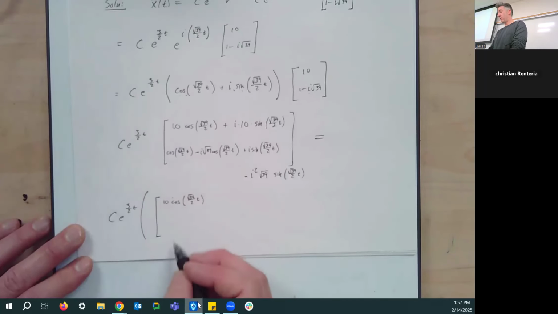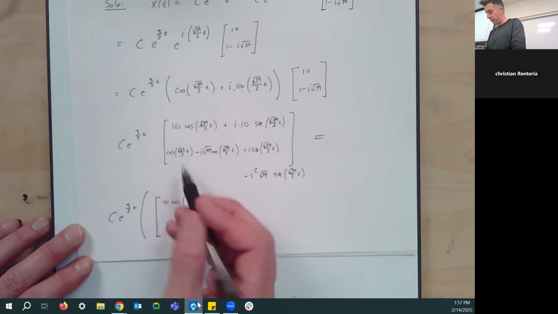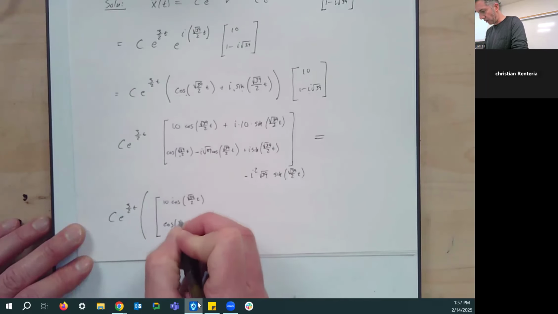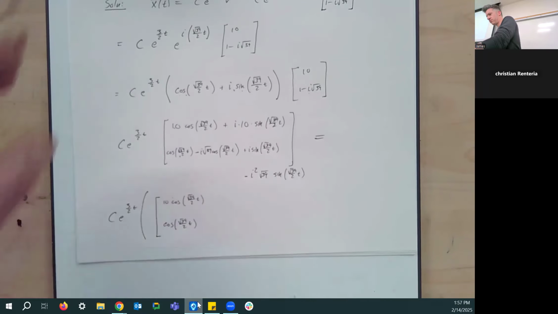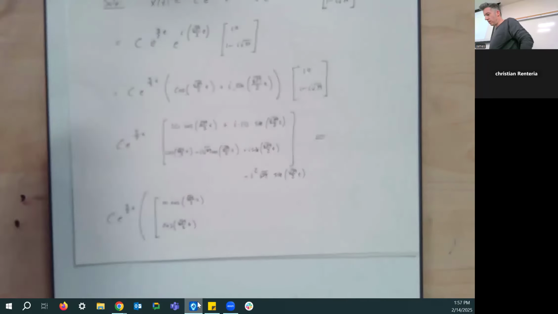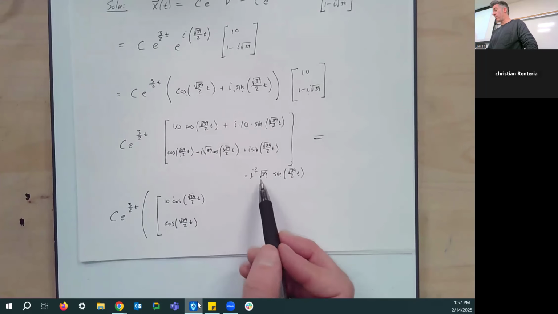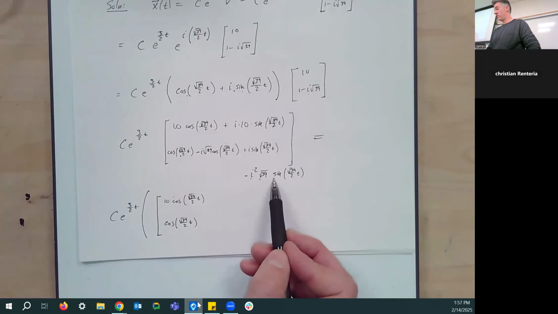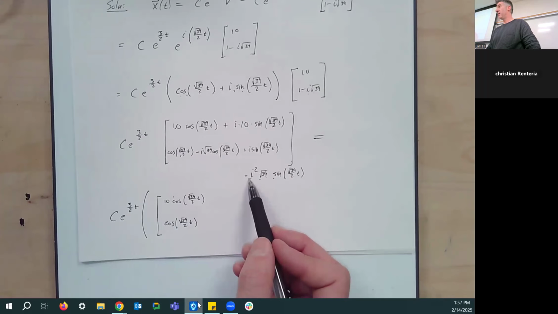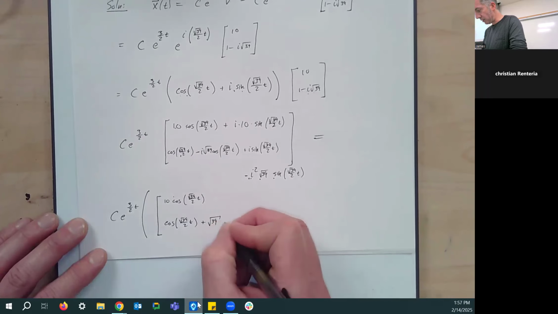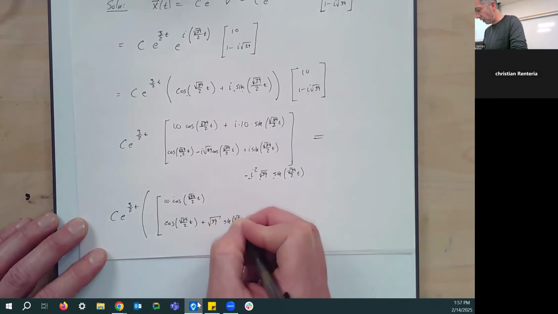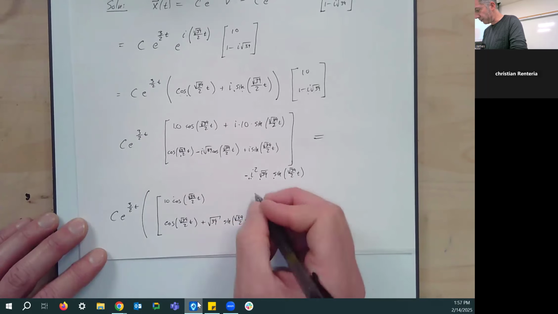And the second component is going to be the cosine part here, the cosine of root 39 over 2t, and also the negative i squared times root 39 times sine of root 39 over 2t, because negative i squared is negative negative 1, which is positive 1. So it's going to be plus root 39 sine of root 39 over 2t.